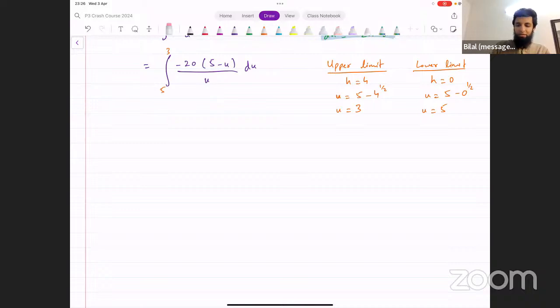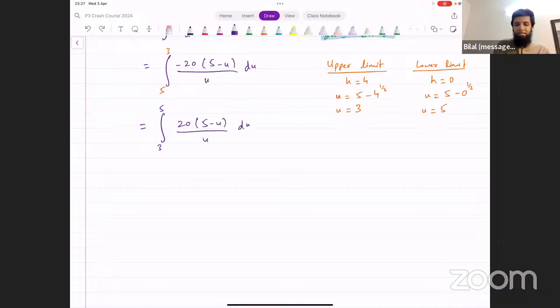And the way to do that is, if you want to interchange these limits, you can just multiply this integral with negative sign and change the limits. So if you wanted to write it the other way around, with 3 at the bottom and 5 on top, this would become 20 into 5 minus u divided by u du.